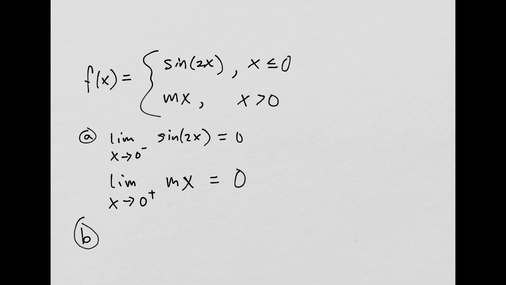So I'm just taking the derivative from both sides, which means I'm just taking the derivative of each of my functions, this one from the left side, and this one from the right side.